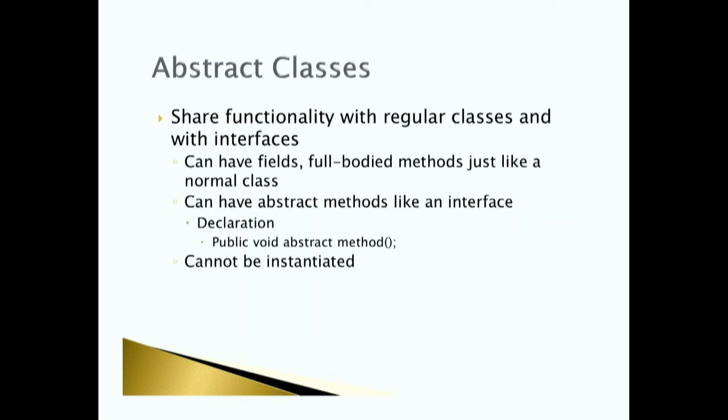All right, abstract classes. They share functionality with regular classes and interfaces. It's basically a class that has a method inside of it that we haven't provided an implementation for. We say we're going to create a person, and every person is going to have a name and an age. Then we're going to extend that class and create employee, and every employee is now going to have an ID.